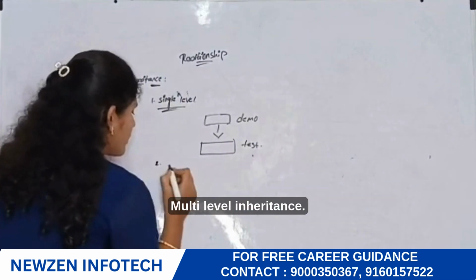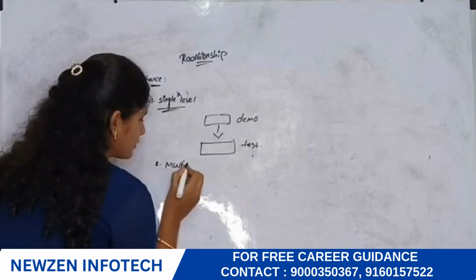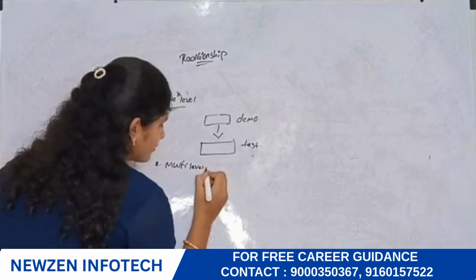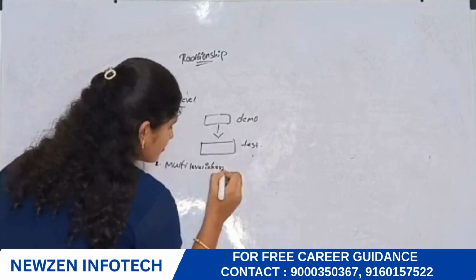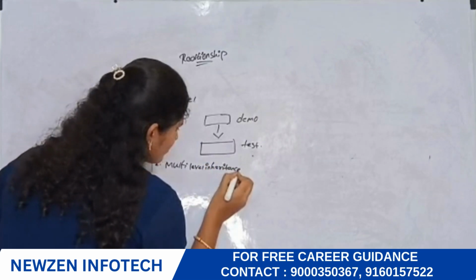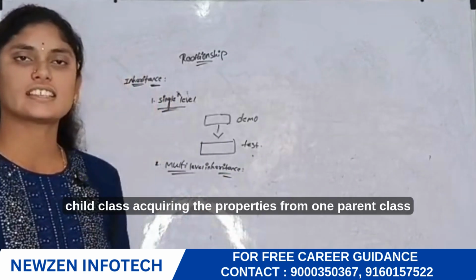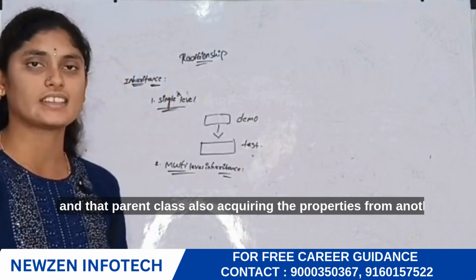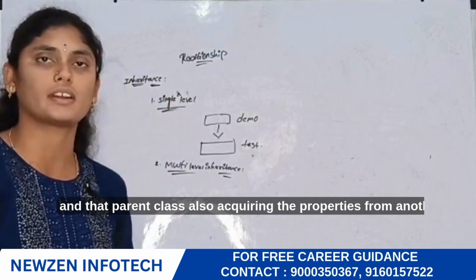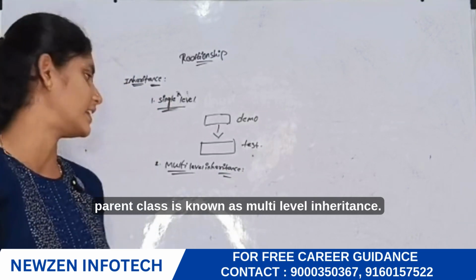Second one, multi level inheritance. A child class acquiring the properties from one parent class, and that parent class also acquiring the properties from another parent class, is known as multi level inheritance.